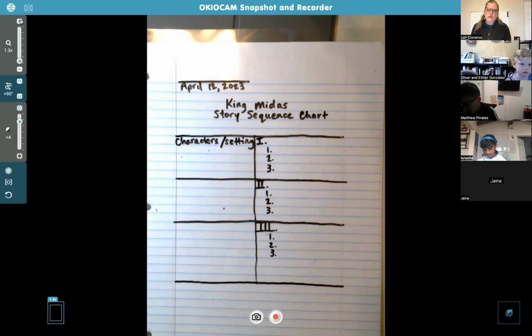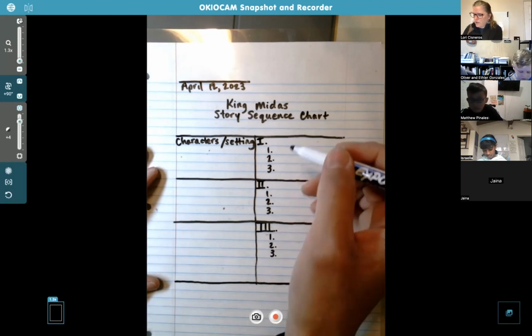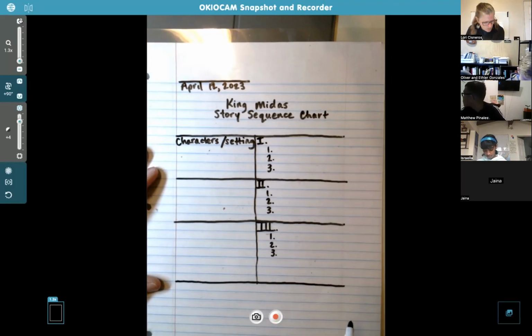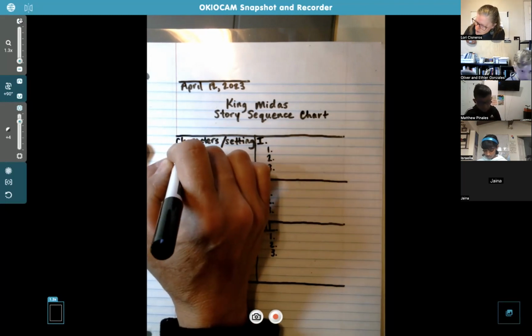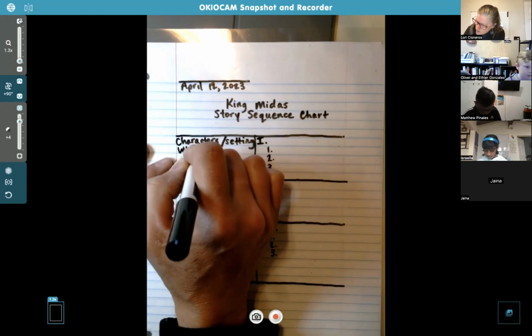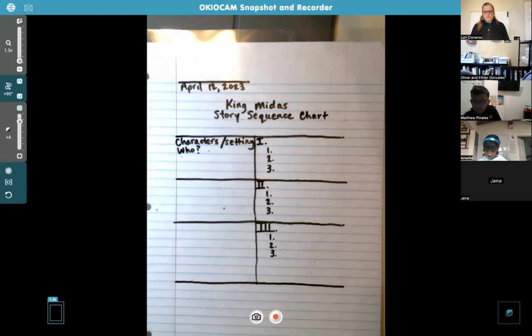But when you're talking about these things, you have questions that you ask yourself to help you understand who the characters are and what the setting is. So I want you to right underneath characters, write that word who with a question mark. When you're talking about the characters, you're talking about who is in the story.